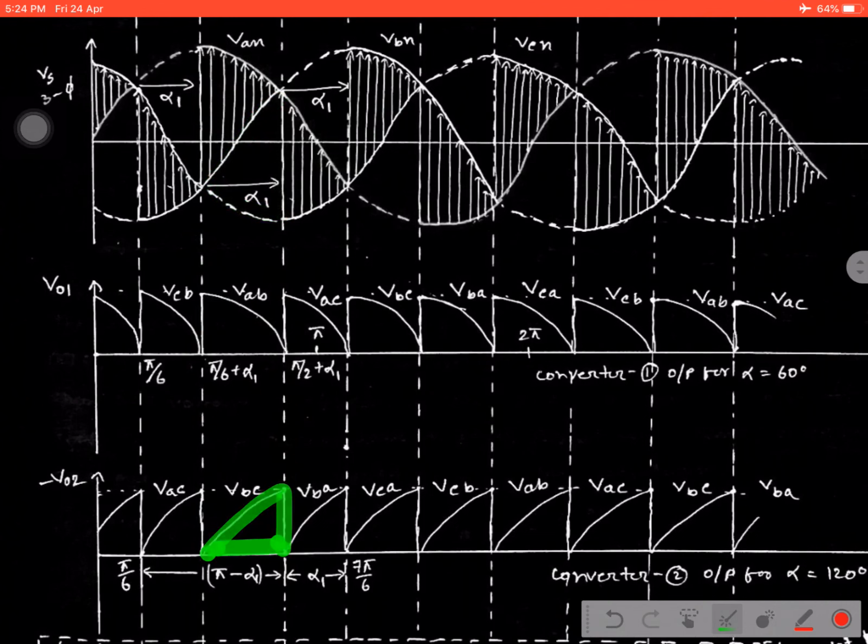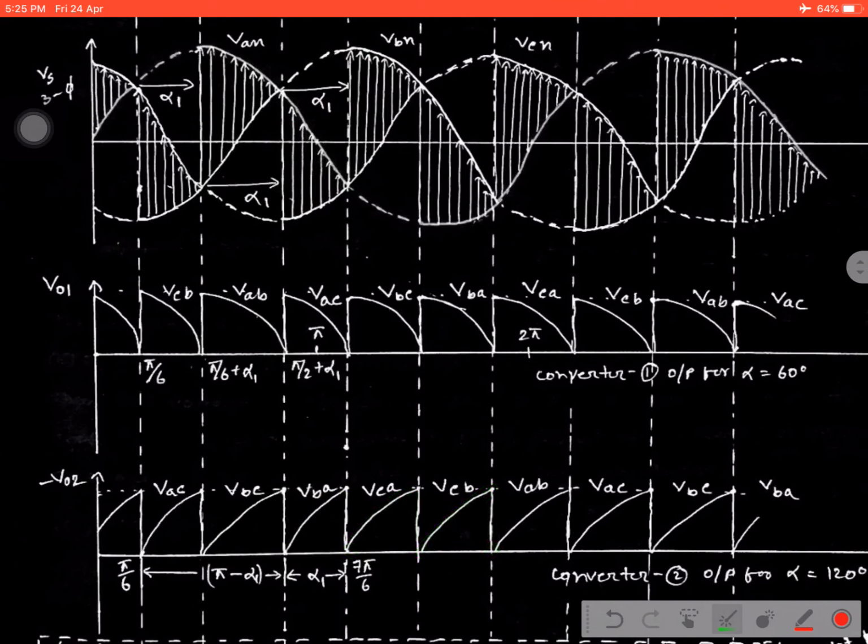Got my point? Similarly, for the next case for the second converter, the voltage appearing across the load should be VBN minus VAN. Similarly, in all cases we can consider this voltage pattern.